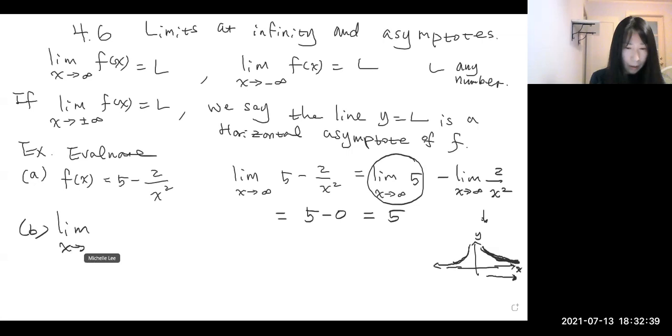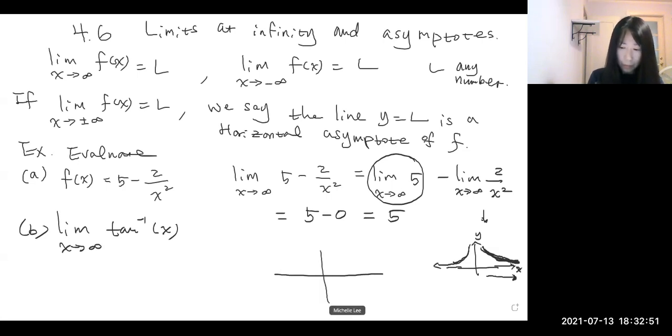As x approaches positive infinity, what about the inverse tangent function? Okay, so this one looks like this. This is pi over 2. This is negative pi over 2. So this is like that.